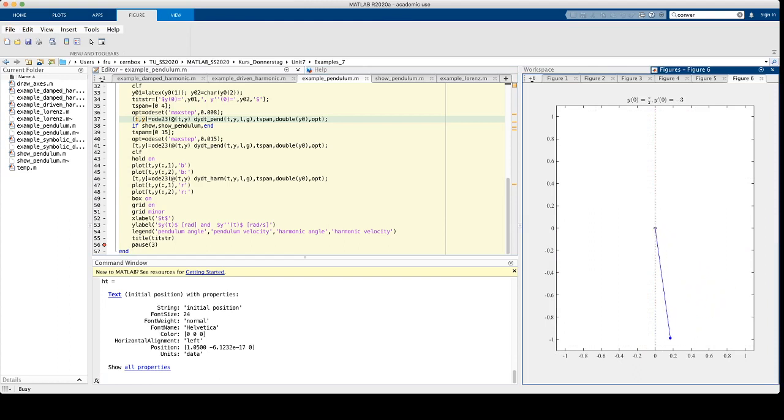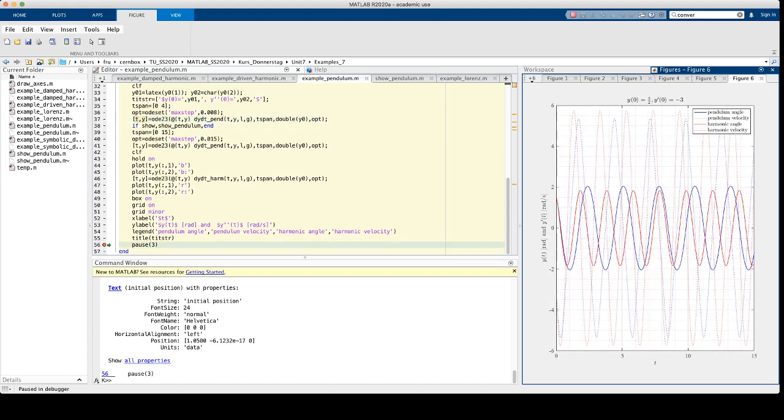Now the initial velocity is -3. Again, we can compare the pendulum and the harmonic oscillation. They are now very much different.